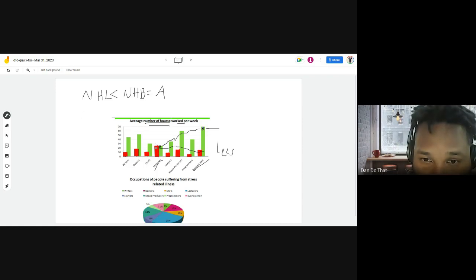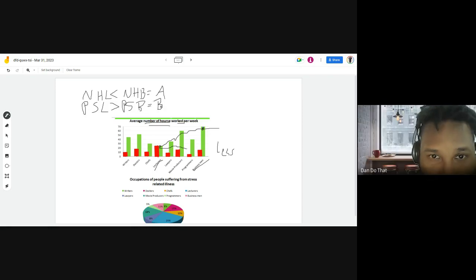You talk about the stress of the lecturers and businessmen. All right. So the percentage of stress of lecturers is, this is what you're comparing, right? More than the percentage of stress of businessmen. Yes? Yes. All right.